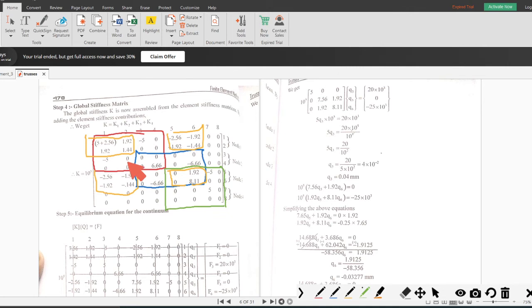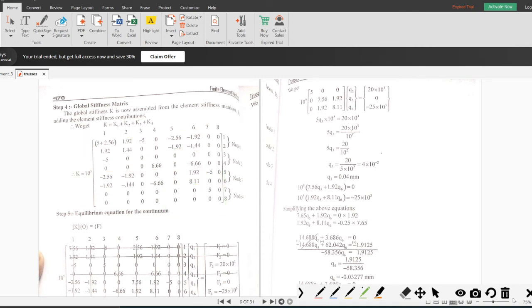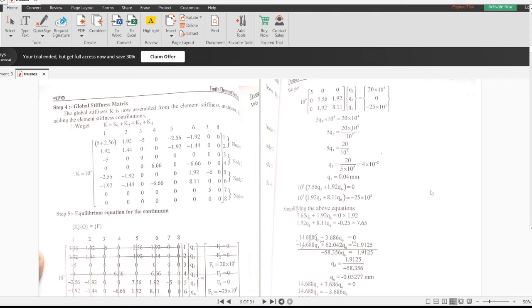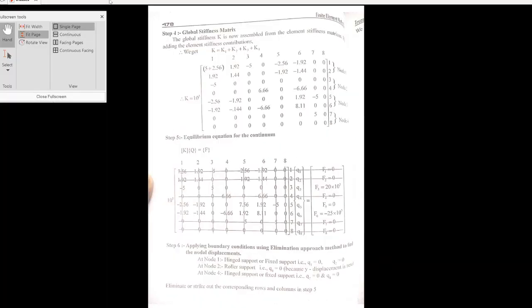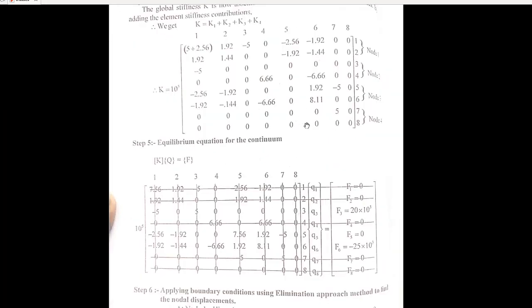You can go for the usual method, as I told: 1 1, 1 2, 1 3, 1 4, next 2 2, 2 3, and so on. Understood? Now you can just copy K1, K2, K3, K4 as it is.